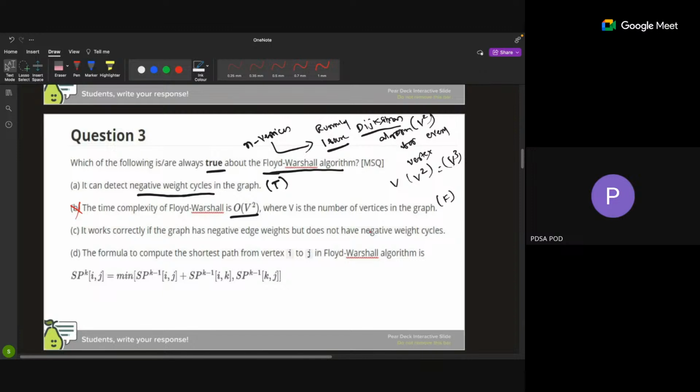But it doesn't work with completely accurate values for negative cycles, because if you run one more time, definitely the values are updated again. So it works for negative edge weights, but it doesn't work with negative cycles. So this is going to be true. And the last one.